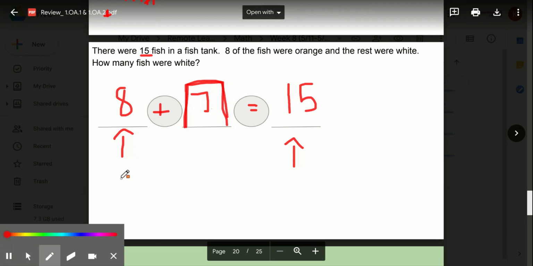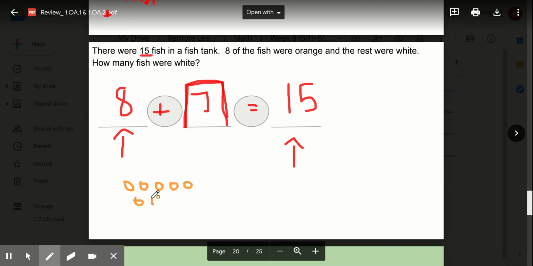So I start out with 8 orange fish. 1, 2, 3, 4, 5, 6, 7, 8. But I need to keep adding until I get to 15. So we'll say blue is white.